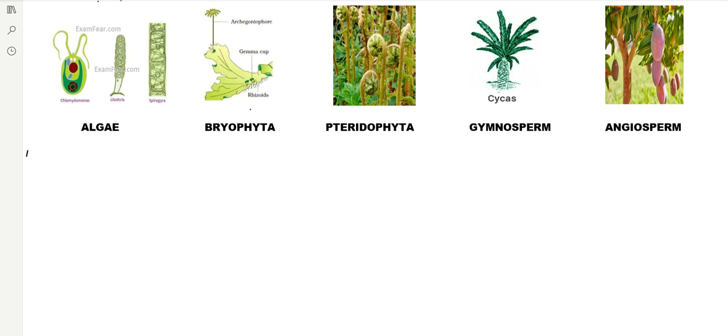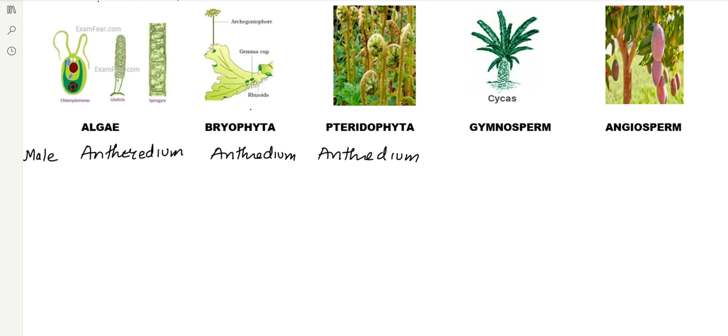But what do we see in the advanced forms of algae? The male sex organ was represented by antheridium. This antheridium remained as such till bryophyta, which also contains antheridium, and till pteridophyta, which also contains antheridium as the male sex organ.